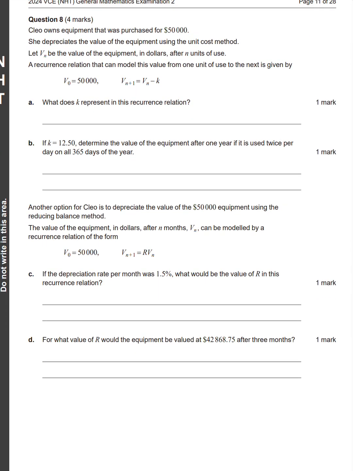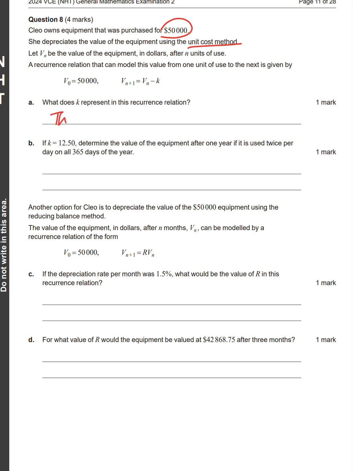Okay. Cleo owns equipment purchased for 50,000. She depreciates the value using the unit cost method. And then we have a recurrence relation that looks like that. Okay, what does the K represent in this recurrence relation?